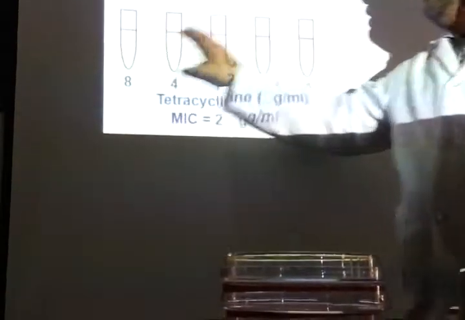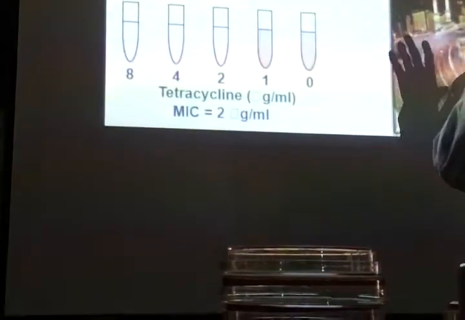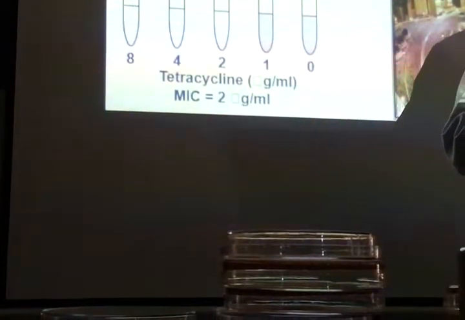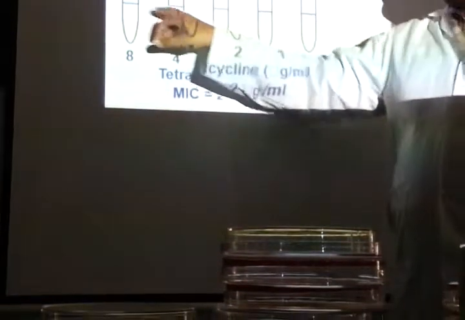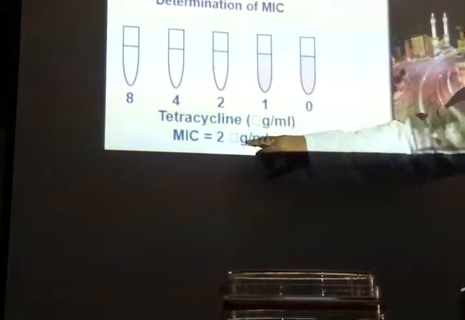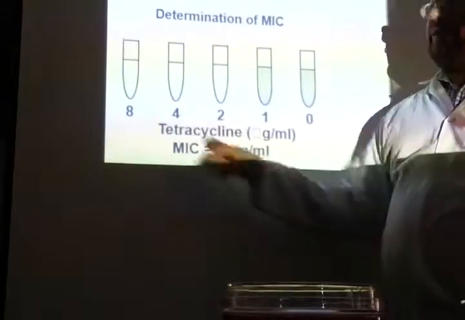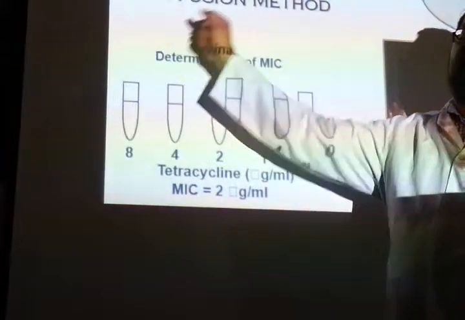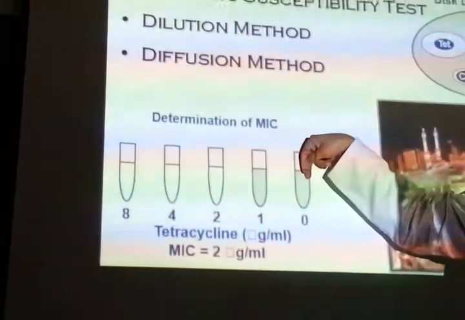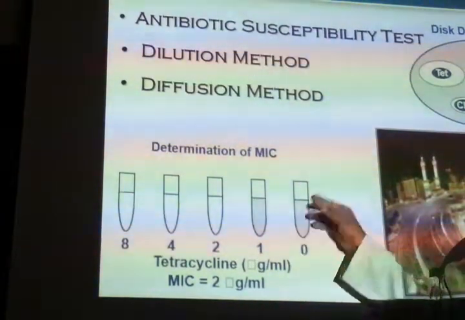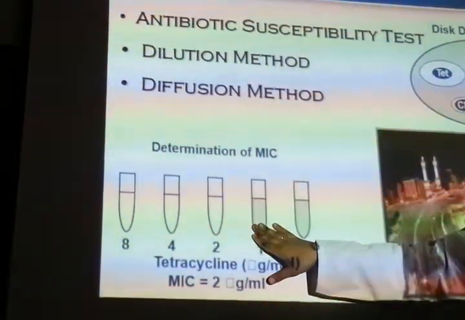In the dilution method, you have a series of tubes with different concentrations of antibiotic. So tubes 1, 2, 3, 4, 5, and the concentrations are 0 antibiotic, 1 microgram per ml, 2, 4 and 8 micrograms per ml. So there is an increasing concentration of antibiotic. For example, I put bacteria here, it will grow, becomes turbid. Put here, again turbid.